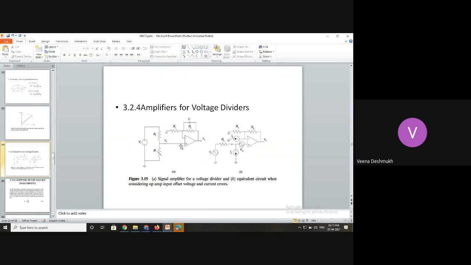In the feedback path, there is a capacitance also connected. Now first, let me take this circuit without the capacitance. Then we'll see how exactly this helps in compensation, the impedance compensation.